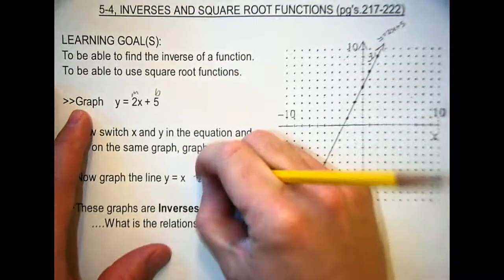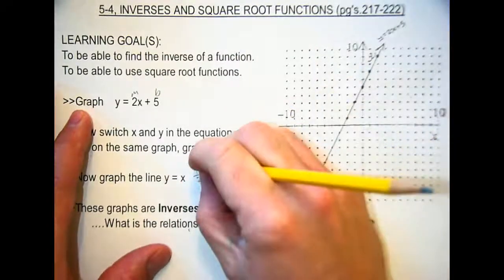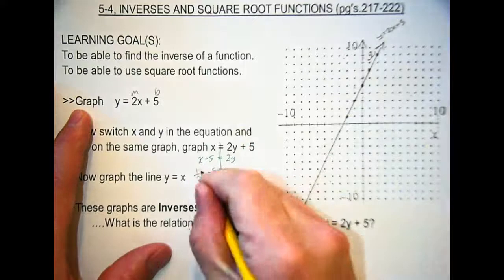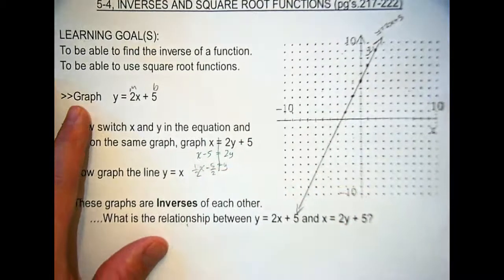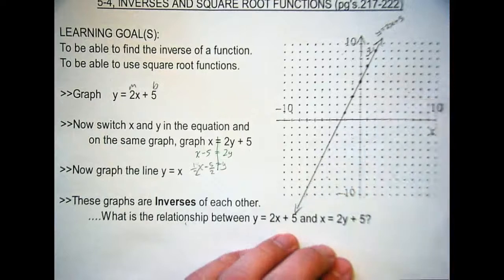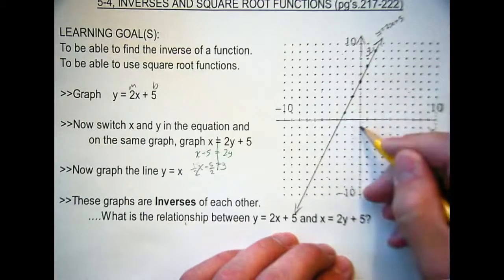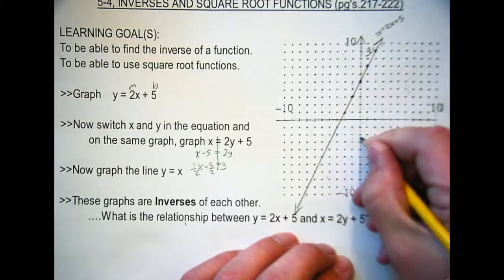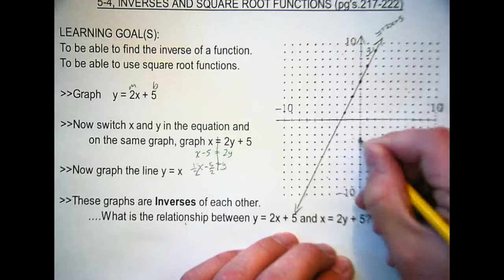All right, so usually we would be used to seeing this in that form. Okay, and minus 5 halves is negative 2.5. So we go down 2.5. We rise 1, run 2.